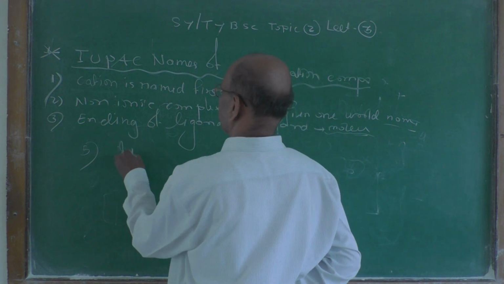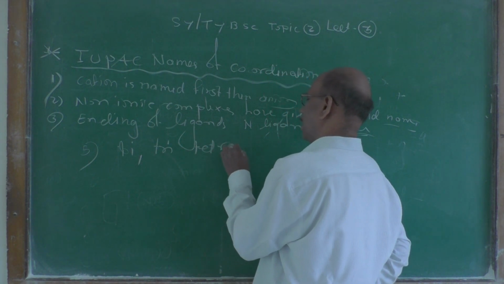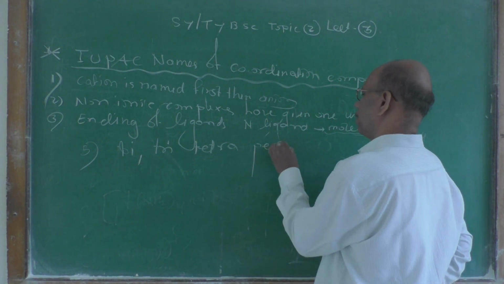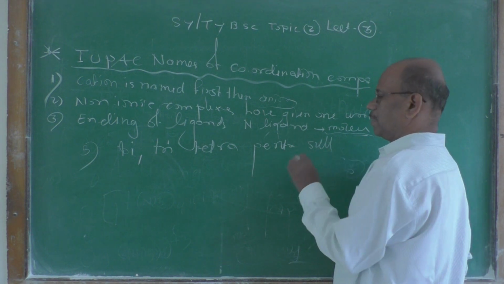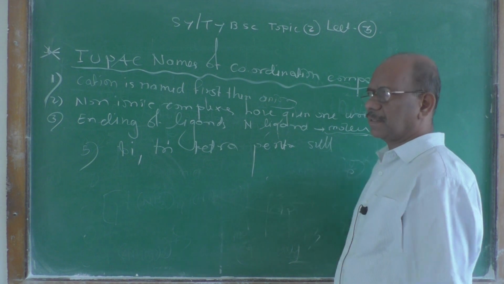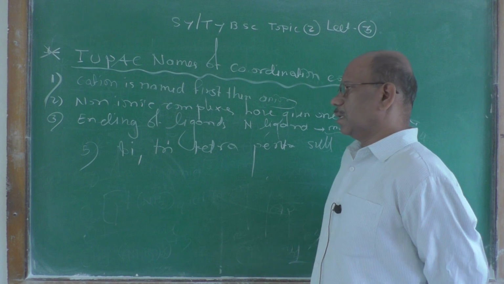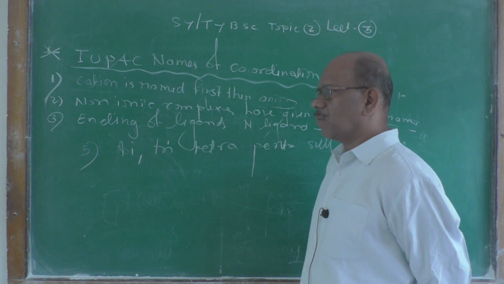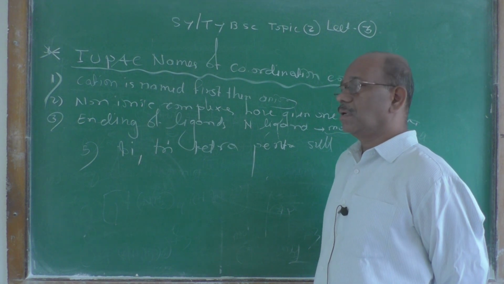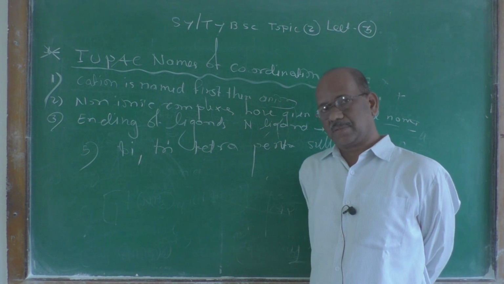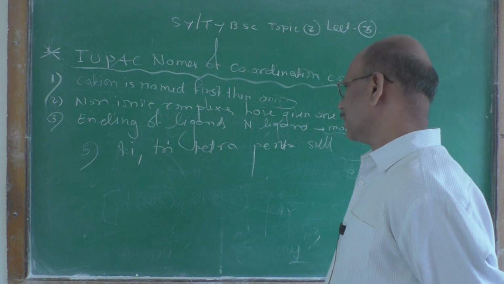Di, tri, tetra, penta prefixes. Means if 5 chlorines are there, you mention pentachloro. If 3 water molecules are there, you mention triaqua. So to indicate the number of ligands, if those are simple ligands, then prefixes di, tri, tetra, penta, etc. are used.